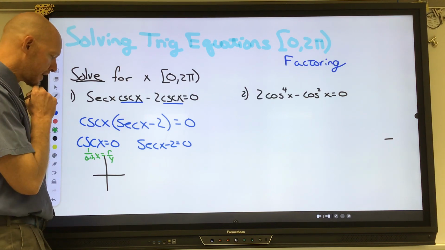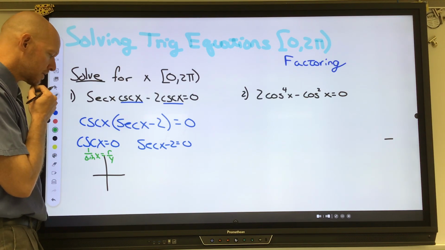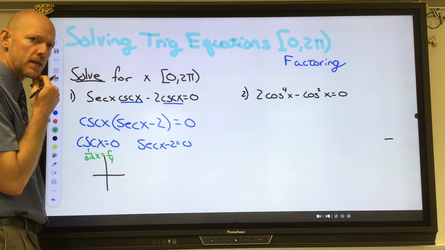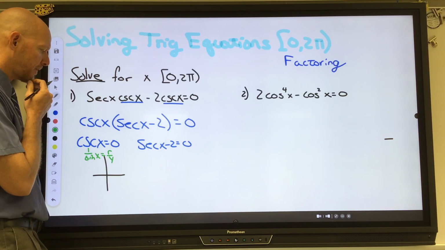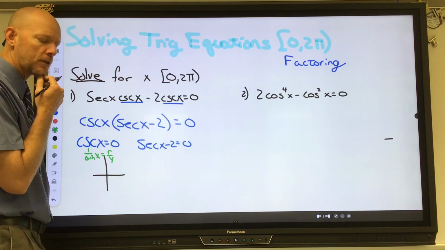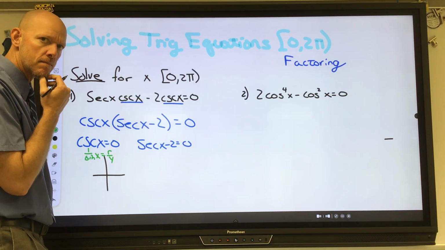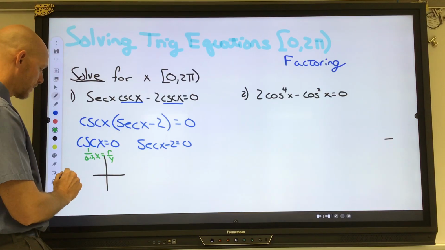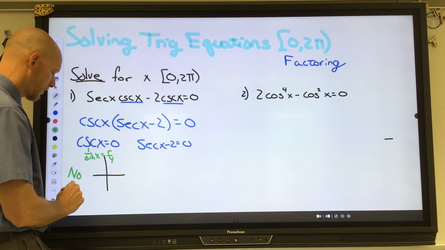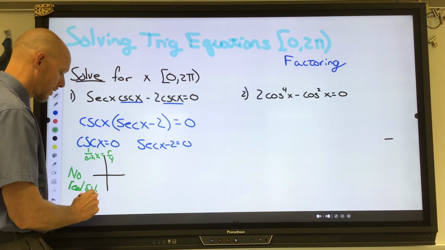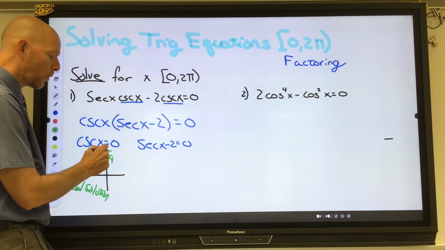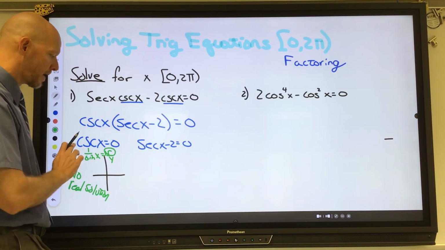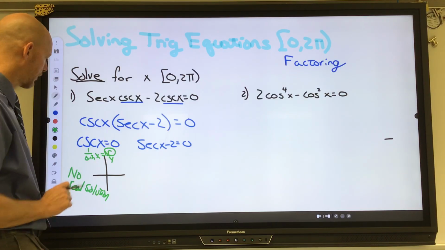So cosecant is equal to 0 if and only if r is equal to 0. Wait a second, that can't happen, so there are no real solutions to this. We're always going to have some distance of a radius, so it can't be equal to 0.